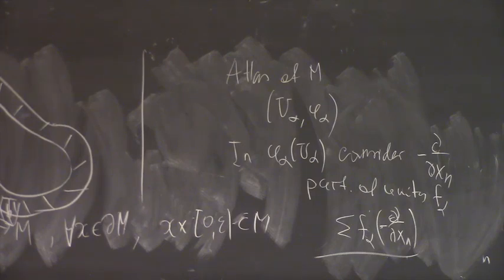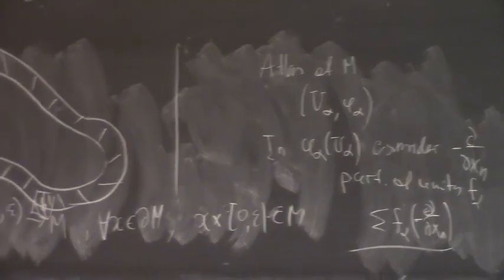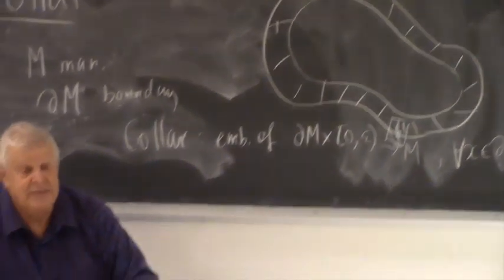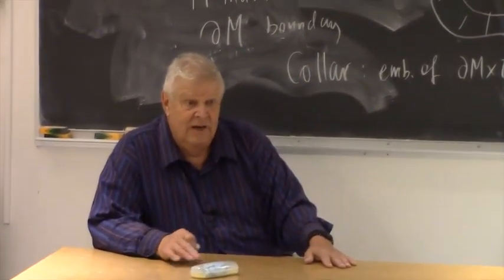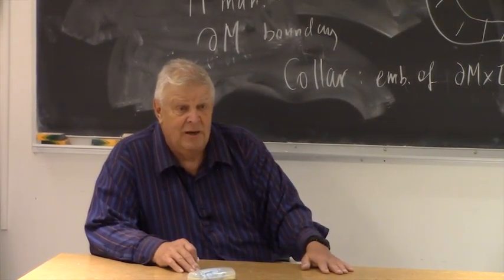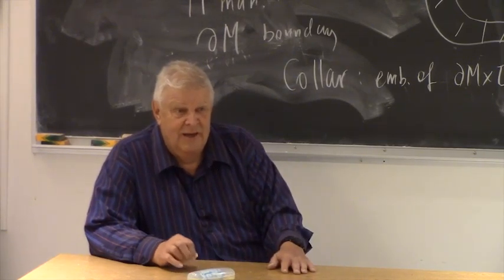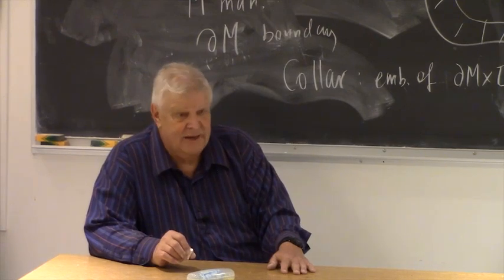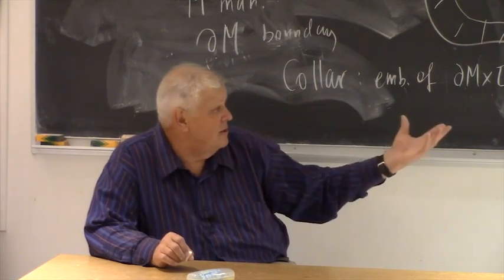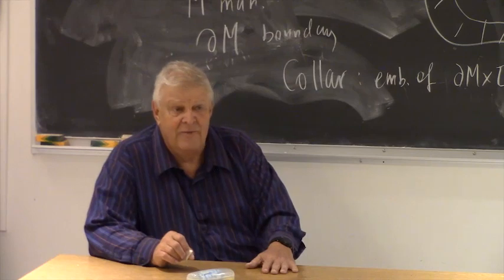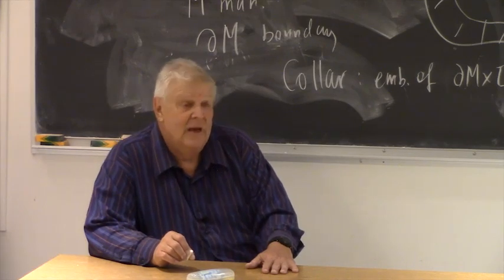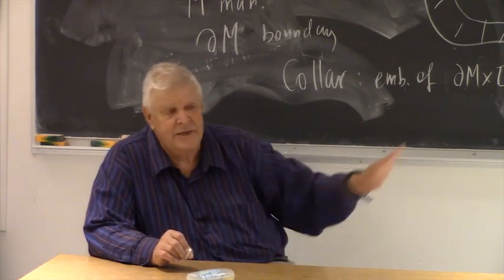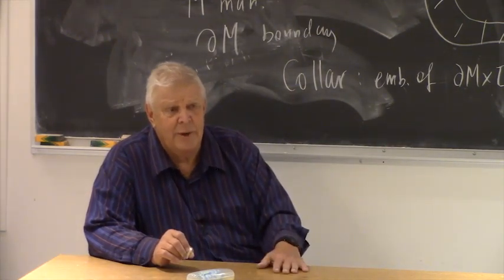I take the vector field within phi_alpha of U_alpha, but as soon as I multiply it by f_alpha, it will be defined on the whole manifold, 0 outside of some compact set which is contained in phi_alpha of U_alpha. So this is a very much valid vector field, right? Actually, it is very easy to prove that this vector field is nowhere 0, but I don't need it.